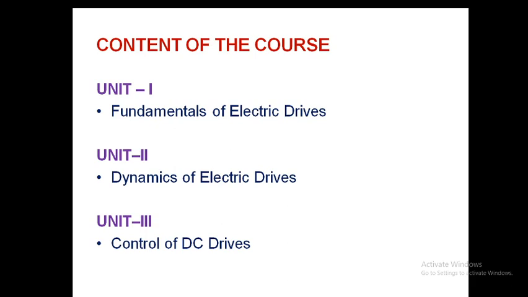When you are reversing the speed, slowly you are applying the brakes. That's why it will enter into the forward braking mode. When both torque and speed are in reverse, then it will enter into the third quadrant.